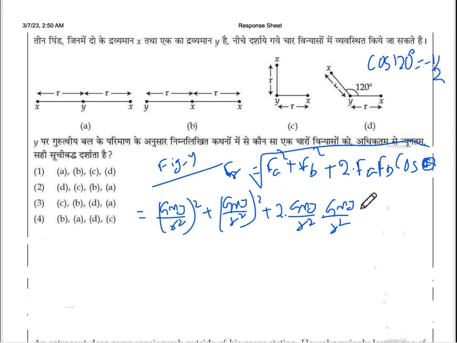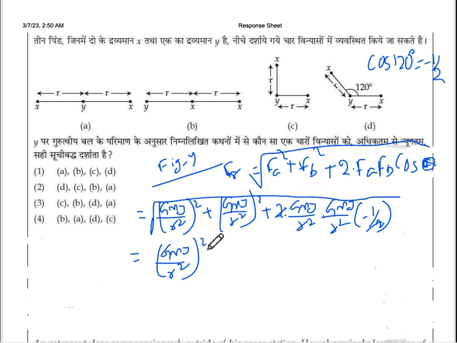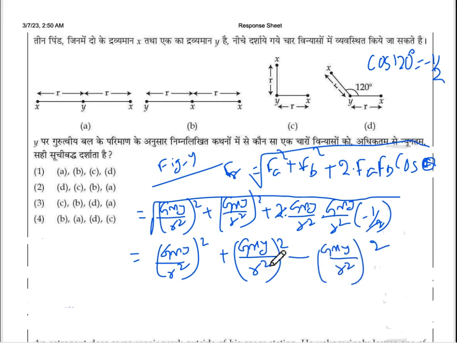So I am directly using minus 1 by 2. The 2 gets cancelled, leaving a minus, all under the root. So our answer will become G x y by r square whole square plus G x y by r square whole square, and the minus will come here with the same number multiplied twice, so it will become G x y by r square whole square, root over.